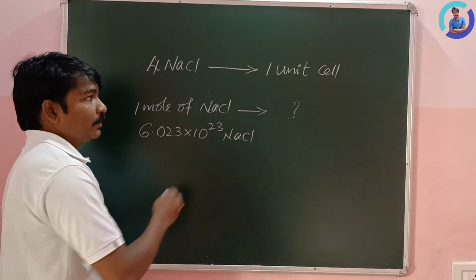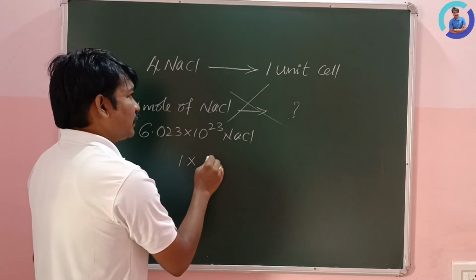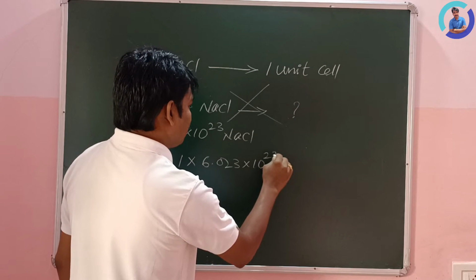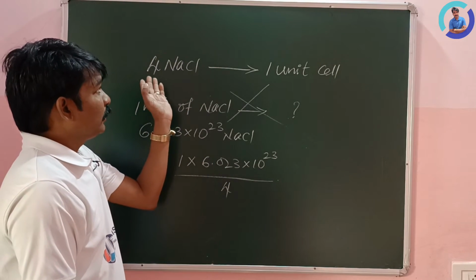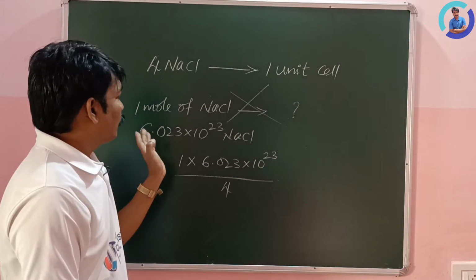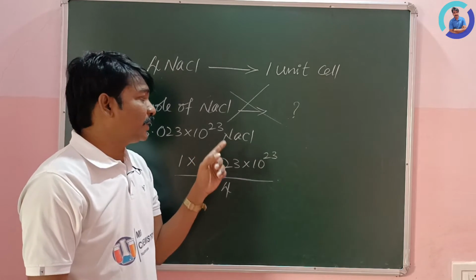Now the crisscross method: 1 into 6.023 into 10 to the power of 23 by 4, because 4 NaCl is equal to 1 unit cell, in the sense 1 mole of NaCl, that is 6.023 into 10 to the power of 23 NaCl.